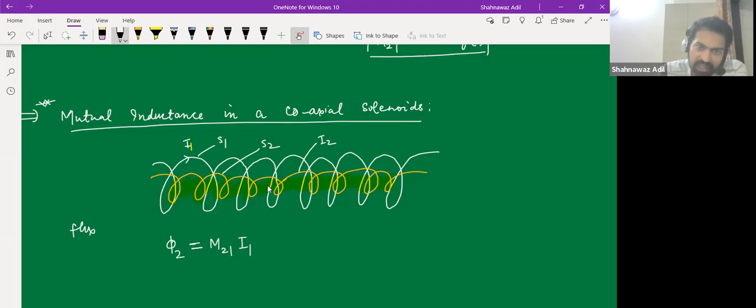But if we have, let's say, N2 turns, the total number of turns is N2. We have this I1 current flowing, and due to this current we have the flux in the circuit, and that is M12 and I2.